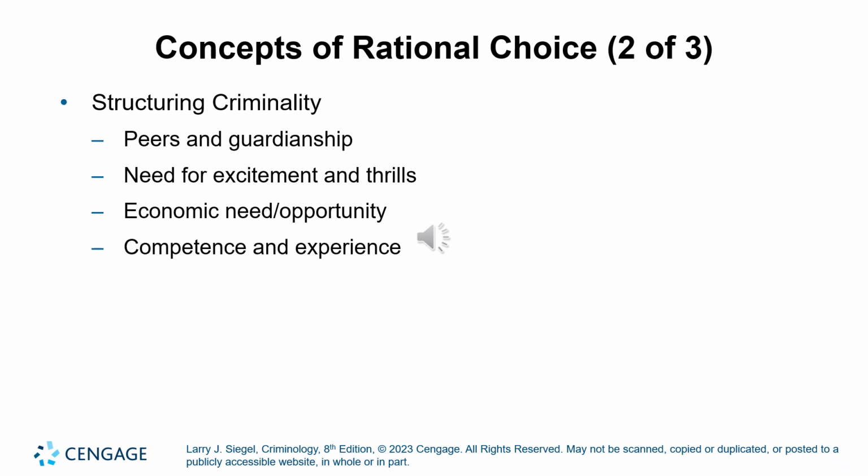When someone sees a financial benefit or feels pressure from financial struggles, they may be more likely to take the risk. And finally, competence and experience matter. Offenders who feel confident in their skills or who have committed similar crimes before are more likely to believe that they can successfully carry out the act. These factors help explain why some people decide to commit crimes while others do not.